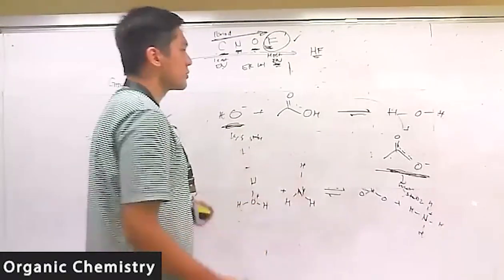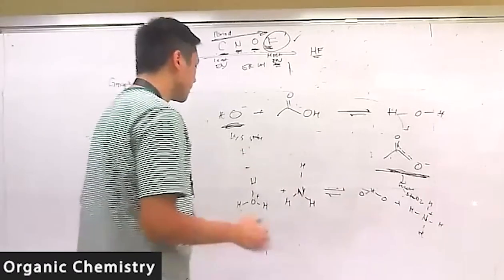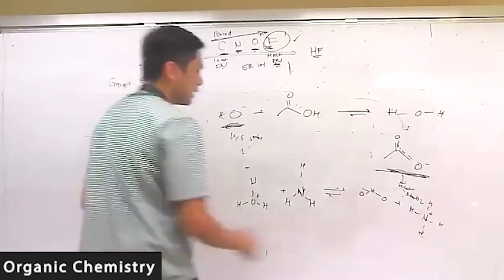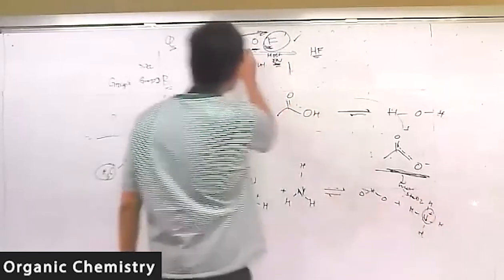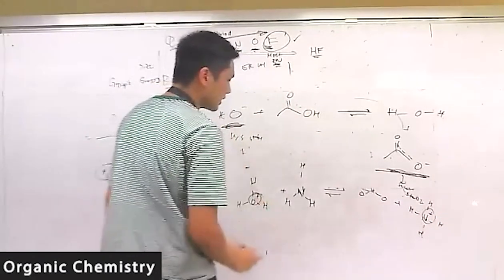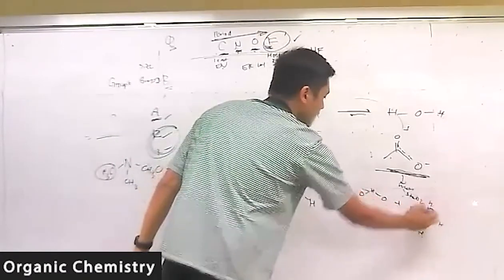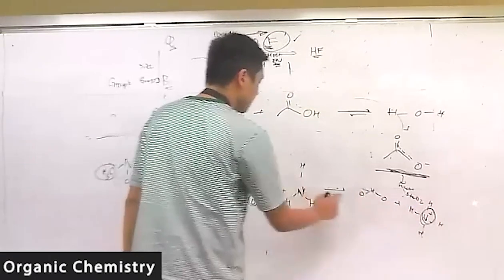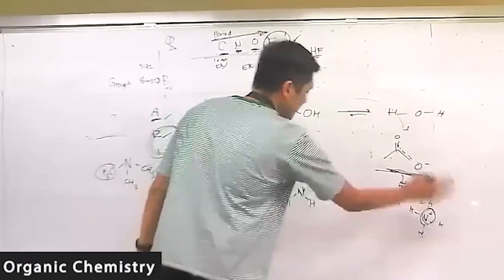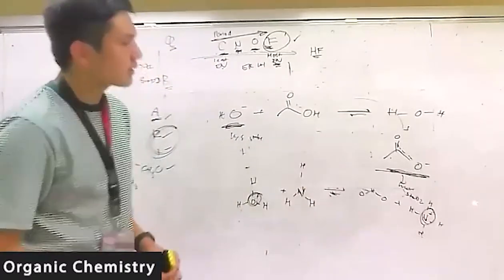The opposite is also true: a positive charge is stabilized by a less electronegative atom. Here we see that nitrogen is to the left of O, so it's less electronegative than oxygen. So we would expect that the positive charge is more stabilized here than it is here, and this side is more dominant than this side. Okay, next slide, please.